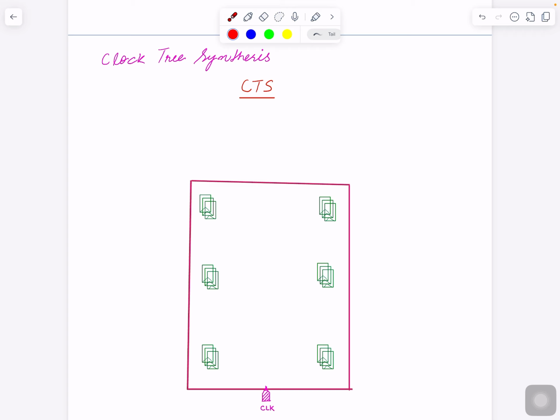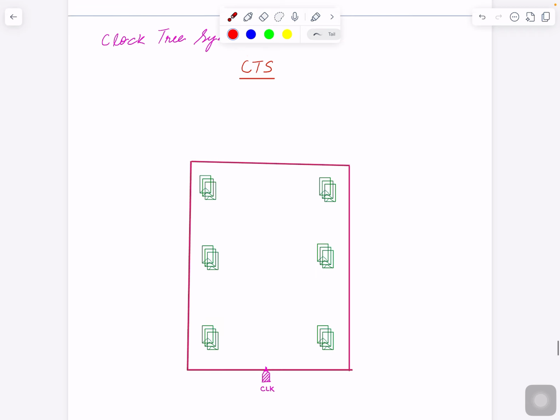So if you want a full top level overview, you can also watch that. But anyway, partition level clock tree synthesis is what I'm going to cover here.